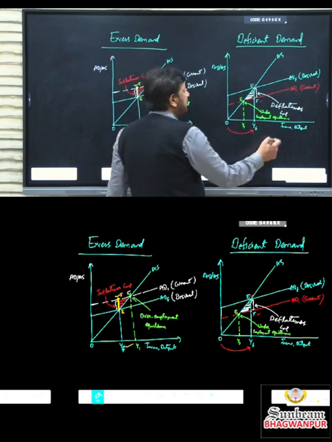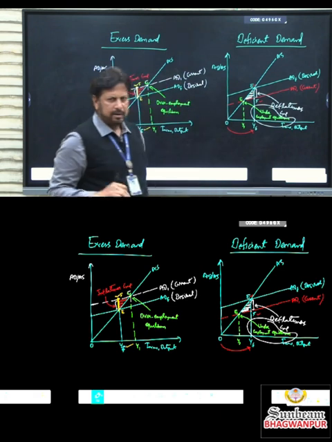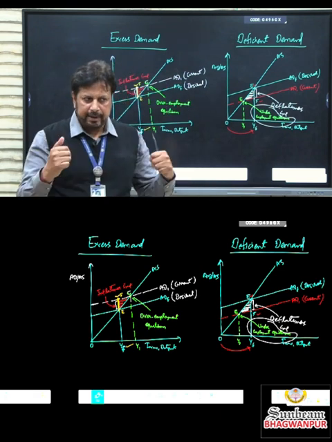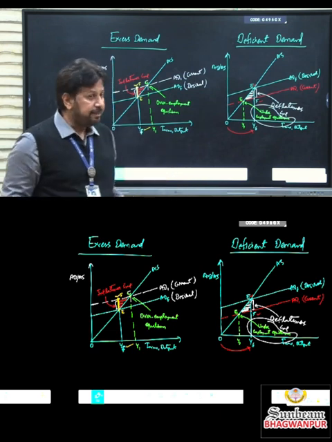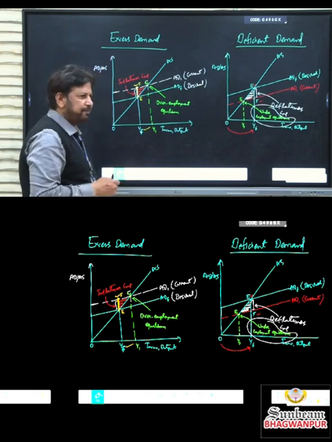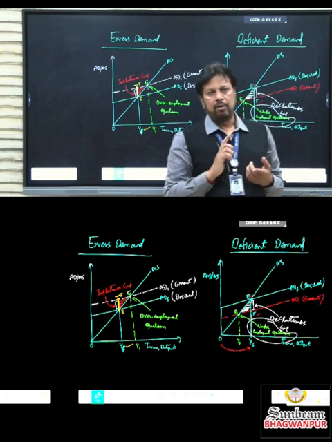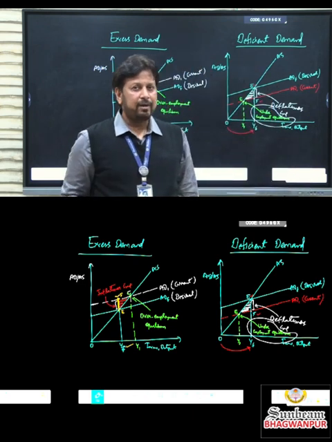This is a very practical situation in most economies: the economy is at underemployment equilibrium. Our AD is not sufficient to help the economy reach the state of full employment equilibrium.